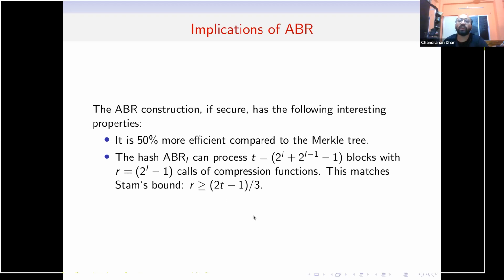If we look at the ABR tree, this matches the Stam bound, that is R equals (2t minus 1) by 3. So if the ABR construction is found to be collision resistant, then we are basically solving an open problem. But is it collision resistant? That we are going to see soon.